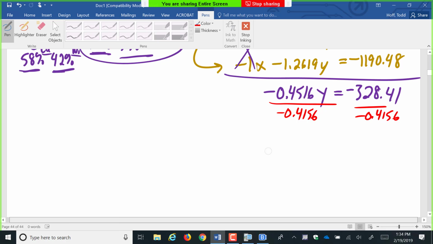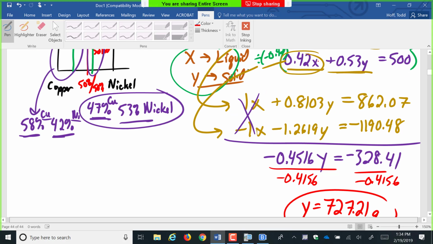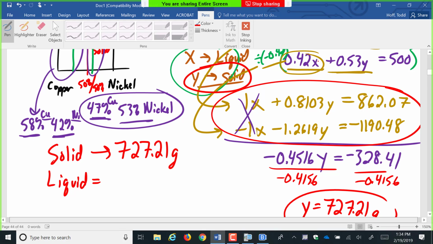So that gives 727.21 grams. Now remember, Y represented the amount of solid, so that's 727.21 grams of solid. Since the total was 1,000, I don't necessarily have to substitute back into one of these equations. I know that solid plus liquid is 1,000, so my liquid is 1,000 minus that, which is 272.79 grams of liquid.